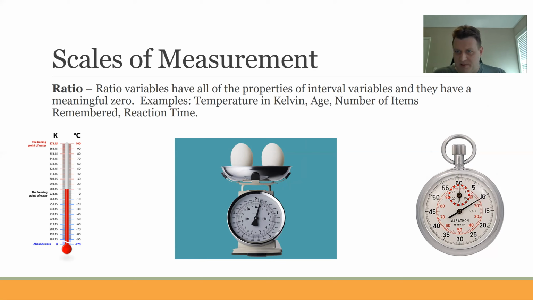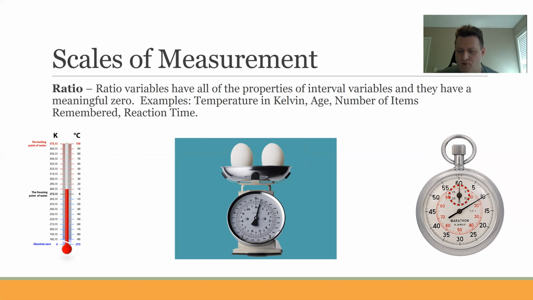Ratio scales of measurement. This is a step above interval scale of measurement. What it has that the interval scale does not have is a true, meaningful zero. Zero means, for instance, with temperature in Kelvin, 0 means absolute zero, where all molecular energy is 0.